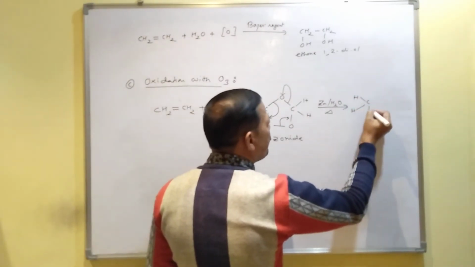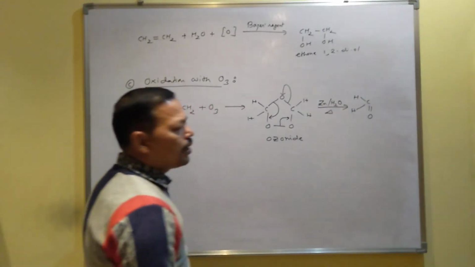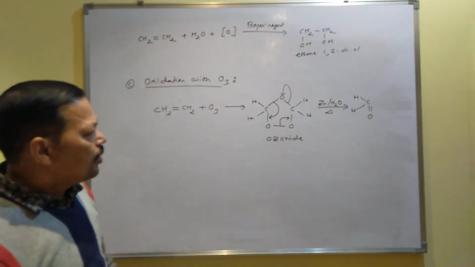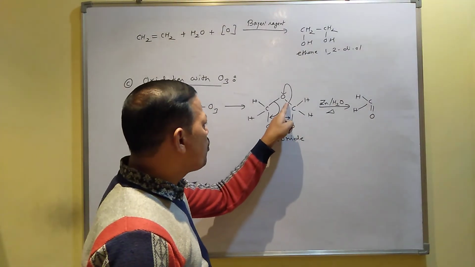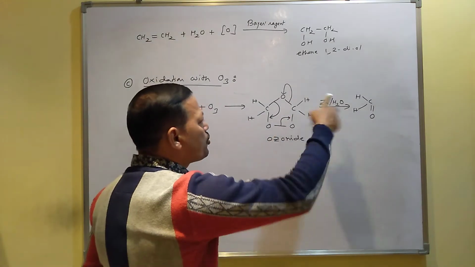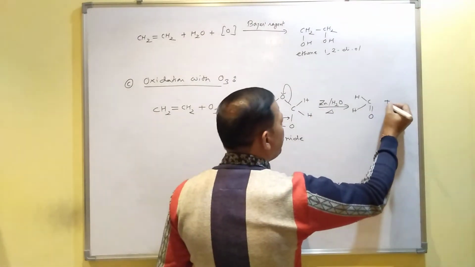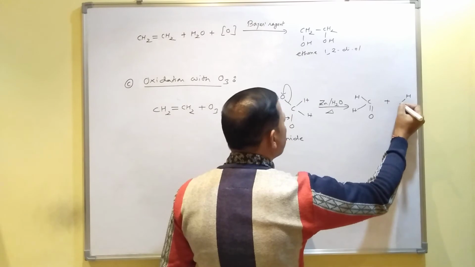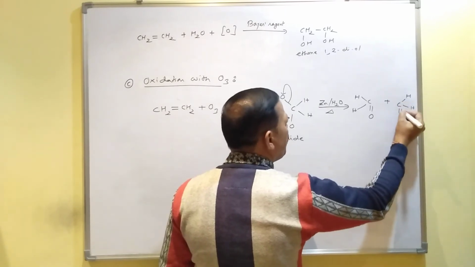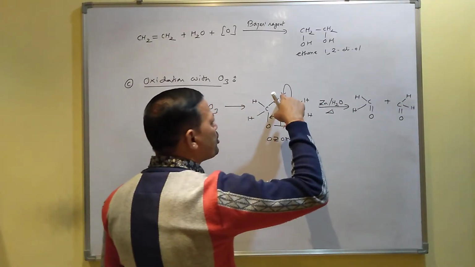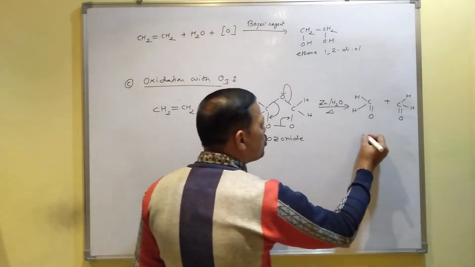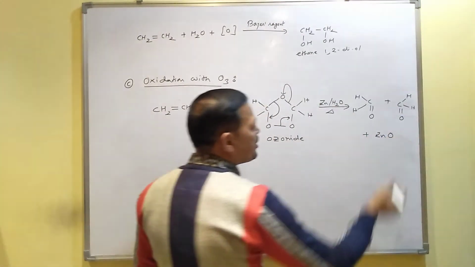HCH double bond O. Like this you will get the product. Similarly on this side, this bond breaks, that's why this also separates out, and you will get another HCH double bond O, and this oxygen joins with zinc to produce zinc oxide as the product.